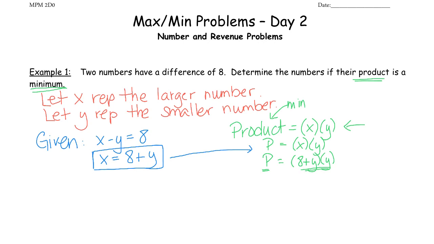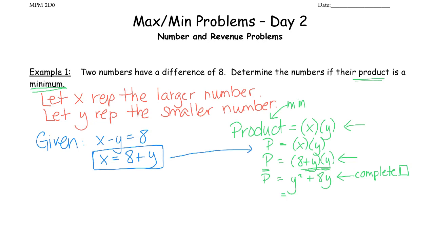Now hopefully you've noticed that this is a quadratic over here. So I can go ahead and expand this out. So I'm going to have my product is equal to y squared plus 8y, and I'm looking at finding the minimum product. So I'm actually going to complete the square. And this is a really easy example. As you can imagine, things will get a little bit more complicated with your practice work, but we're going to complete the square here.